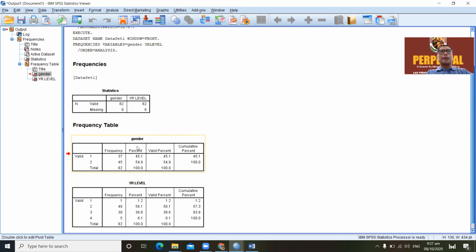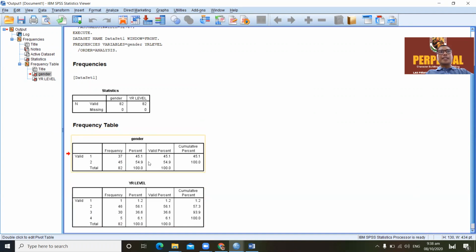So you could say you have more female respondents compared to the male respondents. With regards to the question, profile in terms of year level, you could see there's only 1 from the first year, 46 from the second year, 30 from the third year, and 5 for the fourth year.